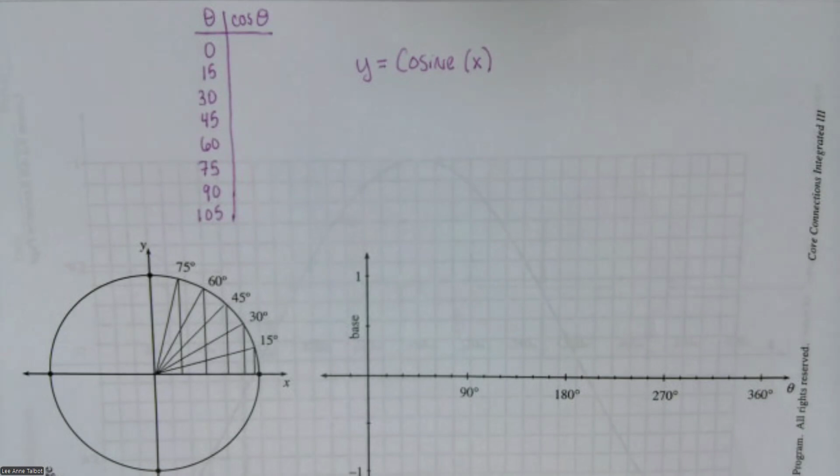Just type regular cosine: cosine 0, cosine 15, cosine 30, cosine. And you should discover some familiar decimals, I'm hoping. This is a discovery moment.